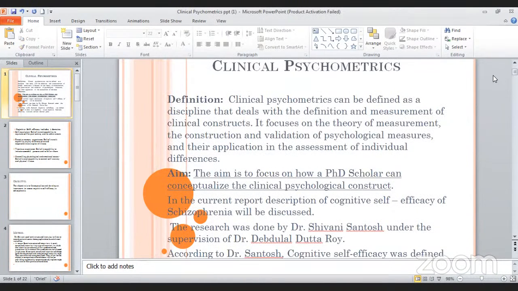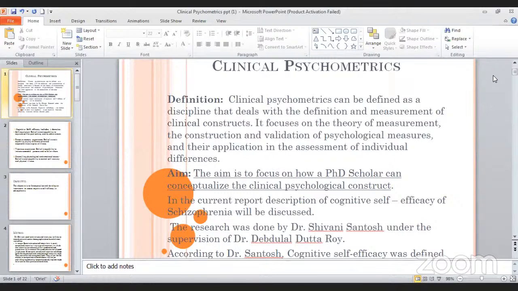So you have learned today some examples of clinical psychological tools, and now we will focus on how to develop a tool for clinical psychological assessment. This is the definition: clinical psychometrics is a discipline that deals with the definition and measurement of clinical constructs. It focuses on the theory of measurement, the construction and validation of psychological measures, and their applications in the assessment of individual differences.